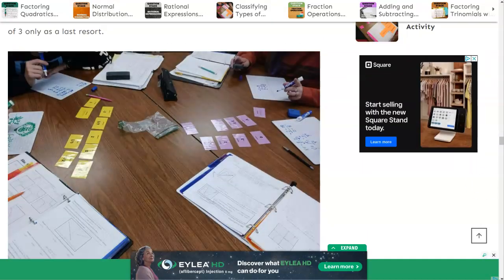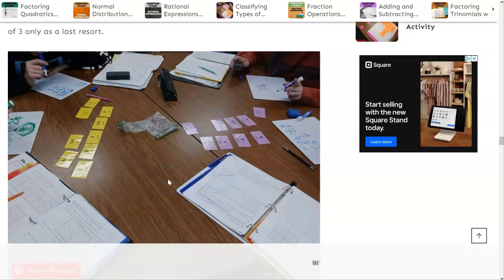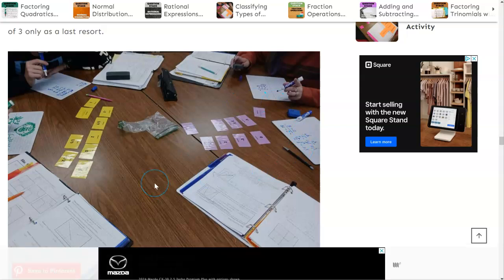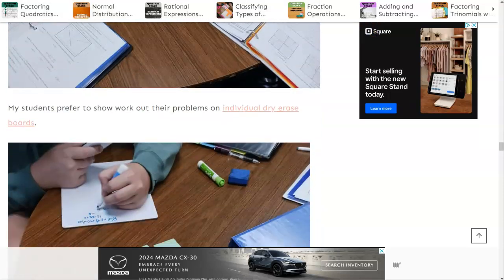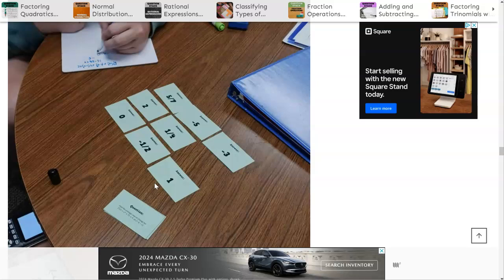Now, having said that, I didn't really tell them how to show their work. If you'll notice here, they're working on mini whiteboards, so they wouldn't really have a record of that unless they took a picture of it. You could have them take pictures of work on a whiteboard and put it on their slides. You could also just have them write on a piece of notebook paper and turn in the notebook paper, and that's perfectly fine.